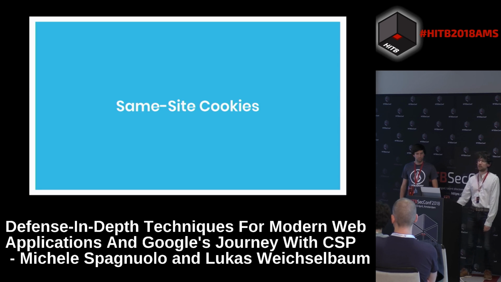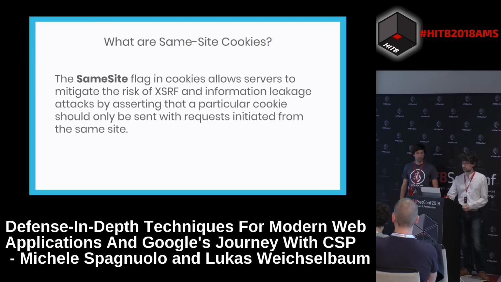Same-site cookies are a very interesting mitigation against cross-site request forgery. So in cross-site request forgery attacks, basically an attacker tricks the browser into sending an authenticated request to a vulnerable website. The problem is that the request is authenticated, so it's sent along with the cookies of the user, even if the navigation is across sites, right?